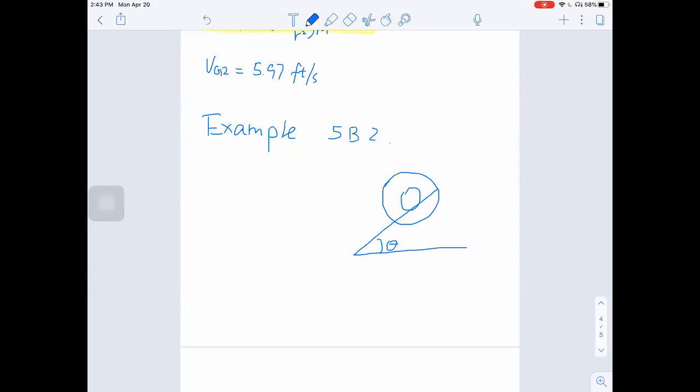We're given the large radius, capital R, and small r as the outer and inner radius of this cylinder. We know k_G, which is the radius ratio, and we know this is released from rest, and there's no slip.